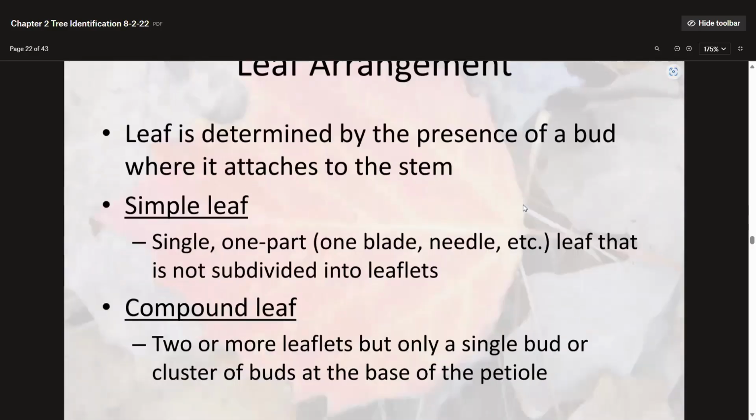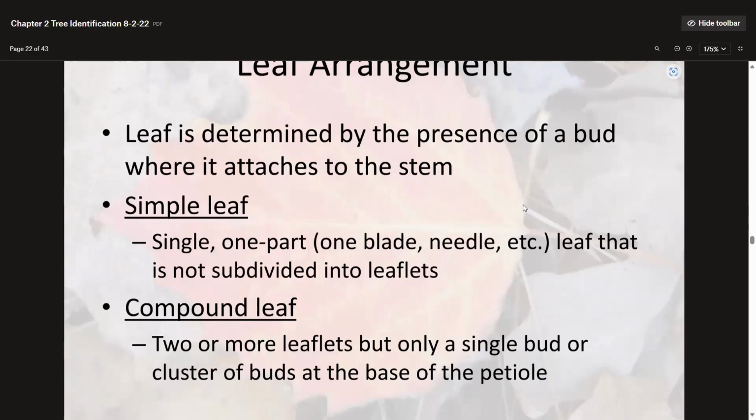Your leaf arrangement. A leaf is determined by the presence of a bud where it attaches to the stem. Okay. So a simple leaf is a single one part, one blade or needle, etc., leaf that is not subdivided into little leaflets, right? A compound leaf is two or more little leaflets, but only a single bud or cluster of buds at the base of that little petiole.